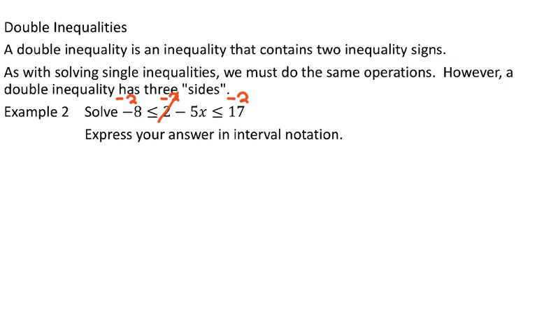Doing the calculation on the left, we get negative 10, which is less than or equal to, we have negative 5x left over in the middle, less than or equal to, on the right, we end up with 15. Last step to isolate the x is to divide by negative 5 on, again, all three sides.